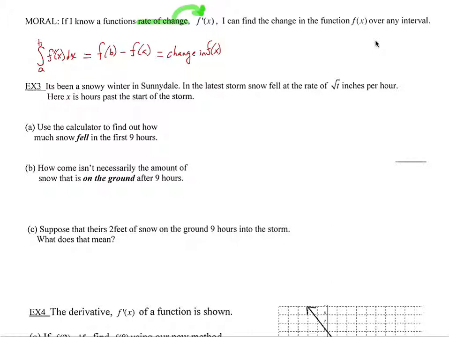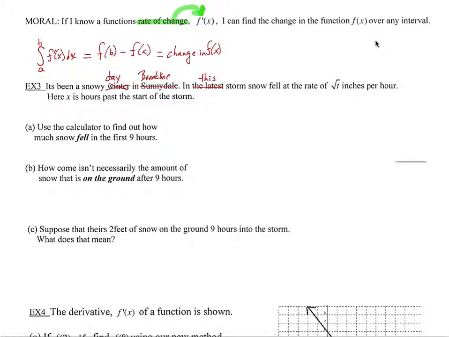All right? So example 3. We're going to make a couple of changes here to the text, given that chances are that as you're watching these video notes, it is a snowy day in Brookline. So in this, it's not the latest storm, it's the current storm.